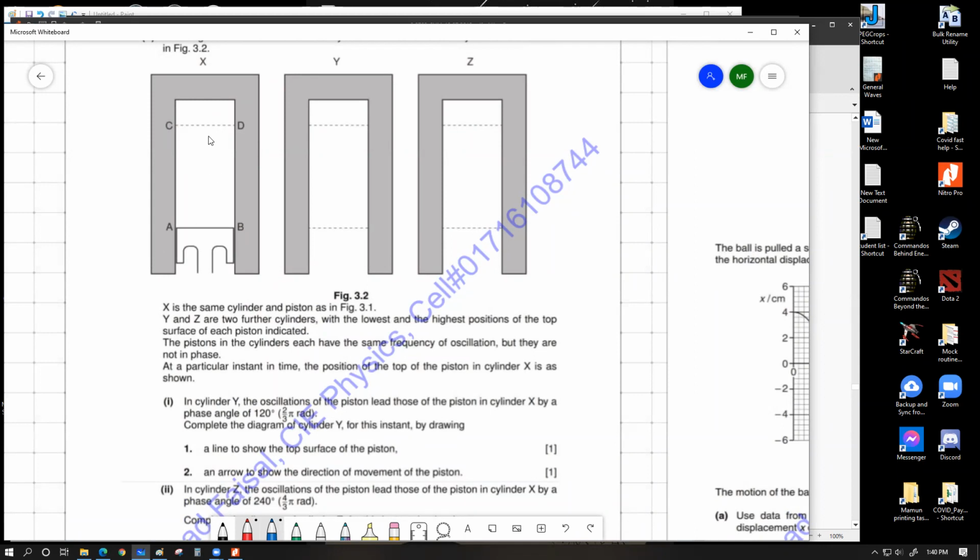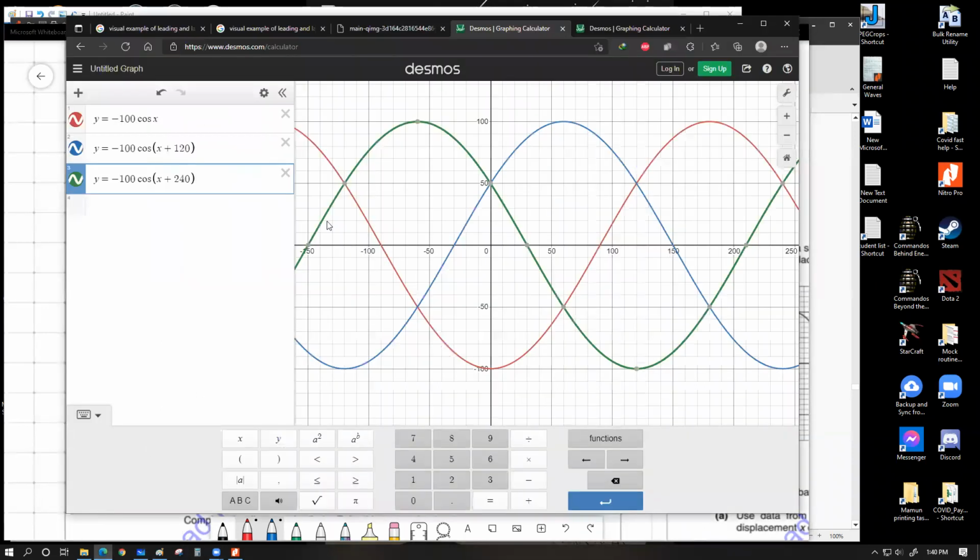This is the situation for cylinder X, which is at the lowest most position. So we can write this as a minus cos curve. So in my Desmos graph, I have drawn the red one as my minus cos curve. So this is my X. I don't know how to label these graphs over here.